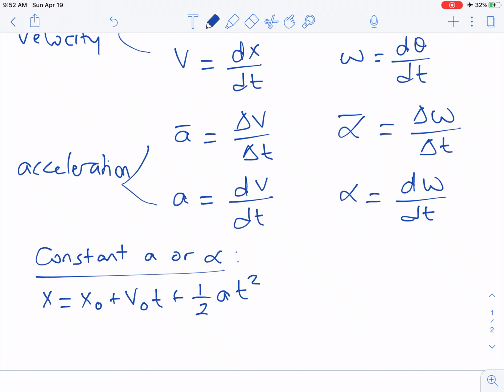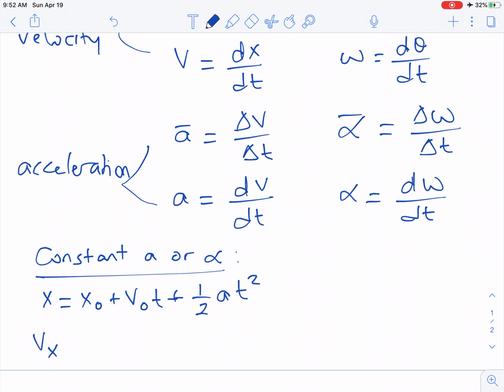I'm assuming my motion is in only one dimension, so I'm dropping some of the components. For example, this should be v0x, this should be ax, but if it is only one dimension, this is okay.